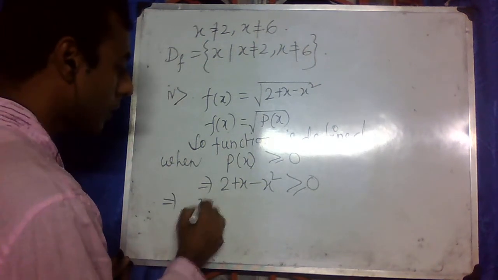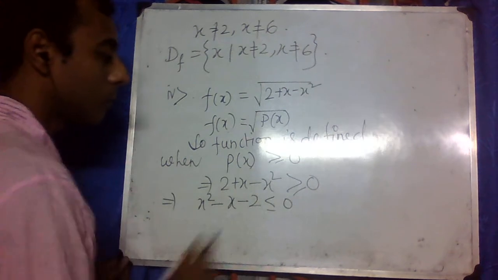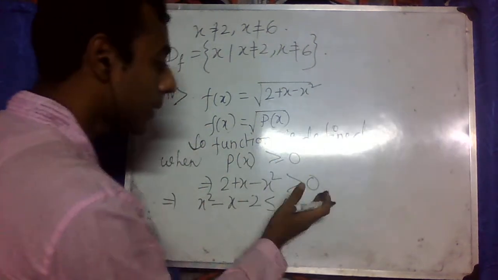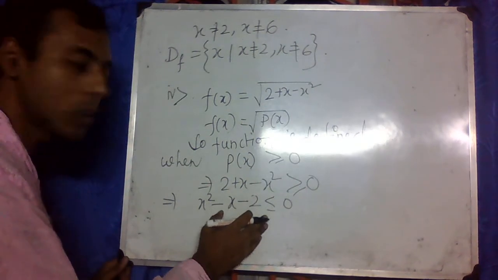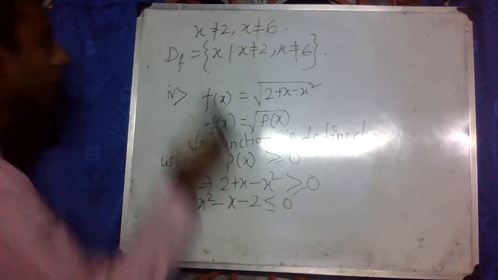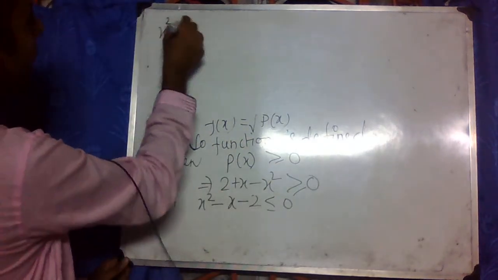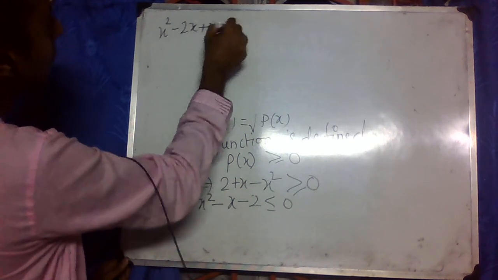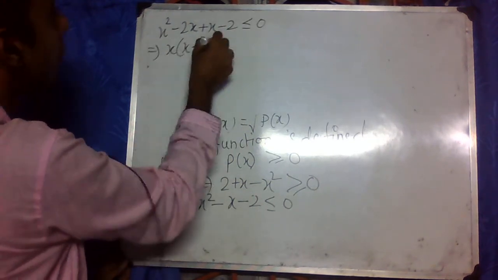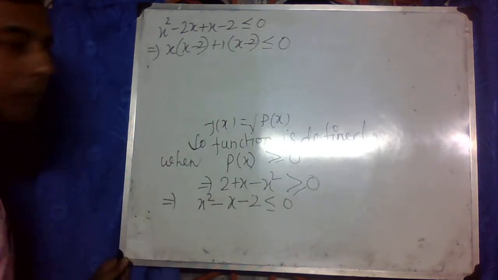That means, if we take this part to the right hand side, the inequality changes. So x square minus x minus 2 less than or equal to 0. So x square minus 2x plus x minus 2, x common, (x plus 1)(x minus 2) less than or equal to 0.